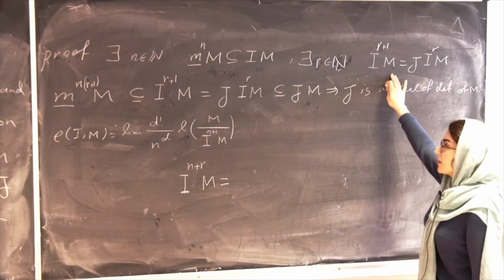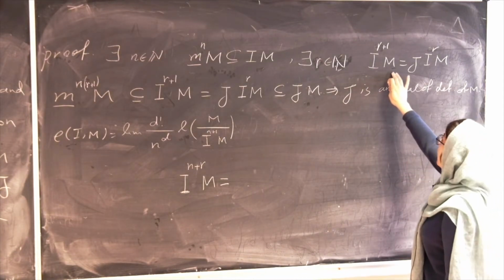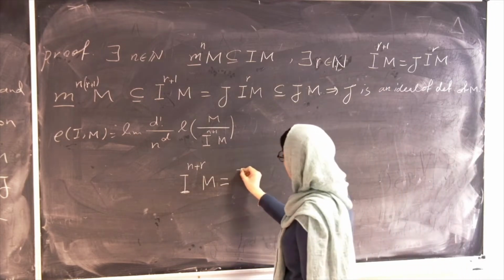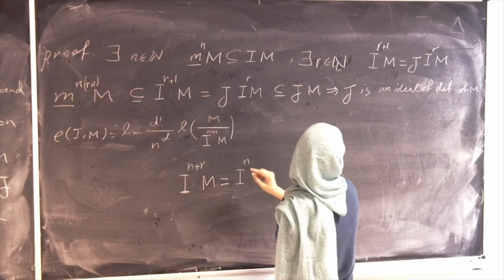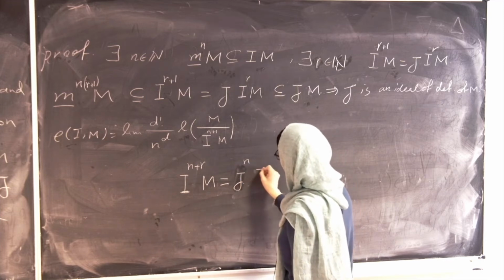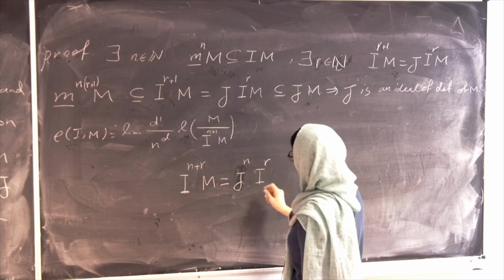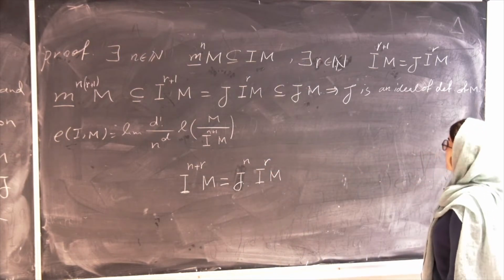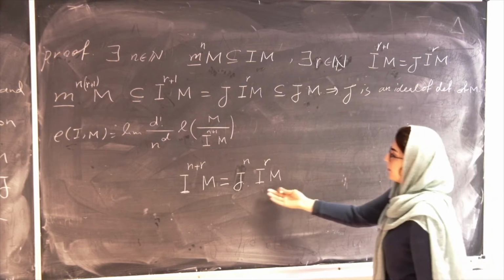If you consider this equality here, I can write this as I^n times J I^{r} M. By this equality, I have J to the power n, I to the power r, M.